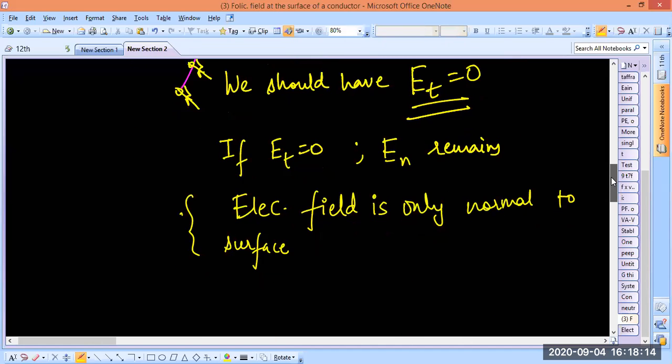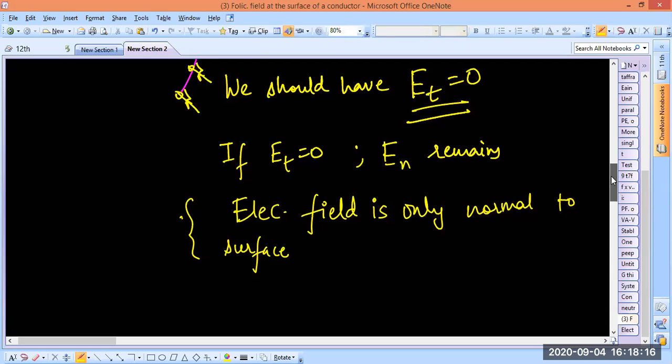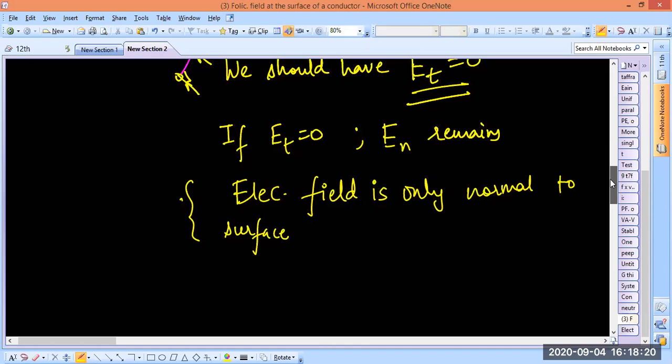We have studied three things now. First, inside the body of the conductor there is no electric field. Second, at the surface the electric field is normal to the surface.